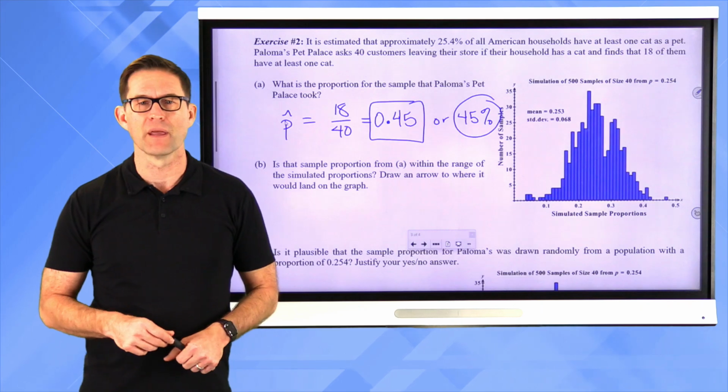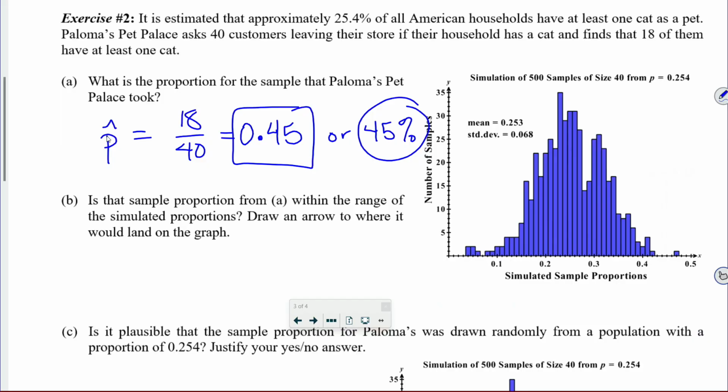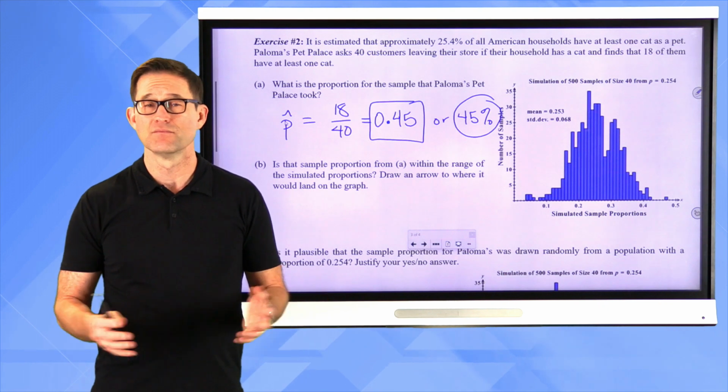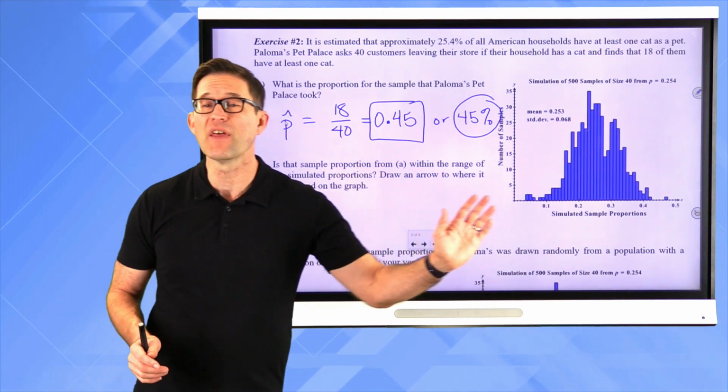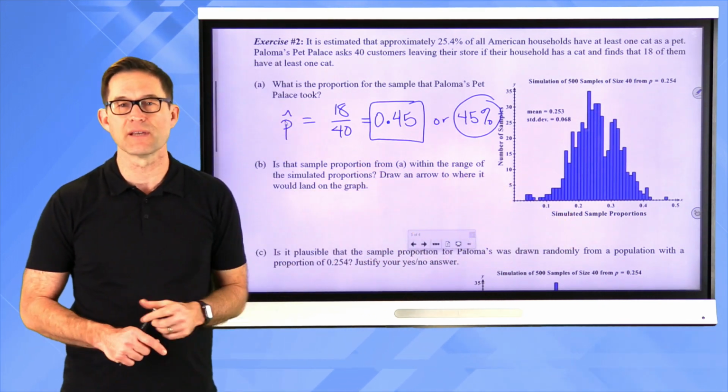Let's take a look at letter B. Is that sample proportion from A within the range of simulated proportions? Draw an arrow to where it would land on the graph. All right, well, take a look. Does this lie within the entire range of the simulation, right?